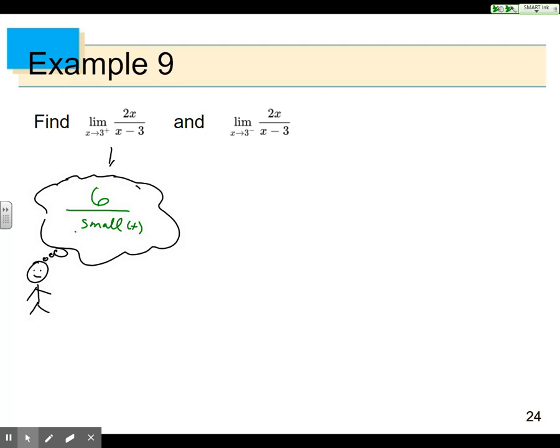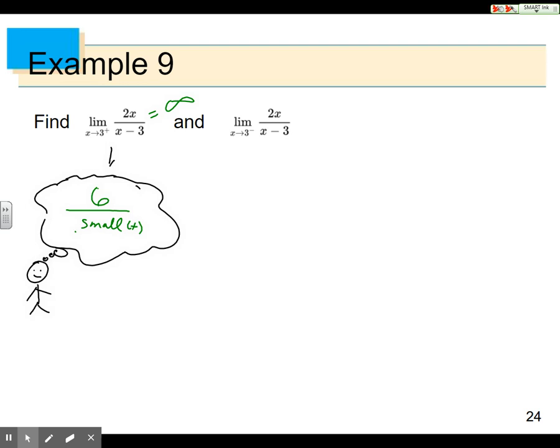If I take 6, or any number for that matter, and I divide it by something incredibly small, like 1/1,000,000th, I would be taking the reciprocal of the 1 over 1,000,000. I would be taking 6 times 1,000,000. And what that would do is make this limit blow up to infinity.